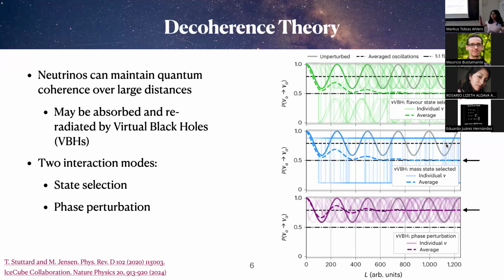And this is using a simplified two neutrino assumption for this plot. So that leads to a 1-to-1 flavor ratio in the state selection case in long distances. And in the phase perturbation case, it instead averages out the oscillations in the long baseline. So what we're looking for in this analysis is evidence of the flavor distribution differing from our expectation.